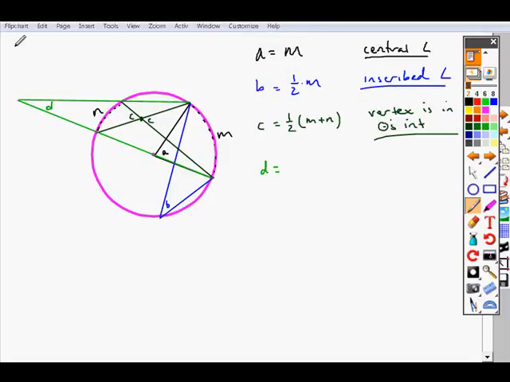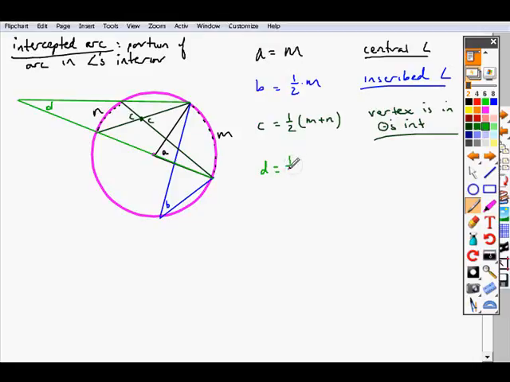And so as far as the terminology goes, an intercepted arc is the portion of an arc that is in the interior of an angle. So here M and N are the two intercepted arcs of angle D as well.